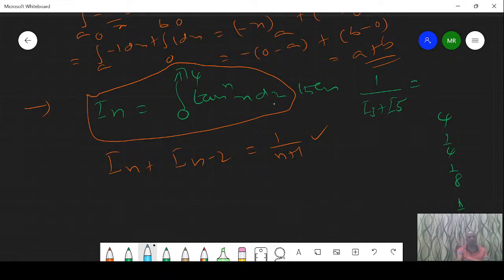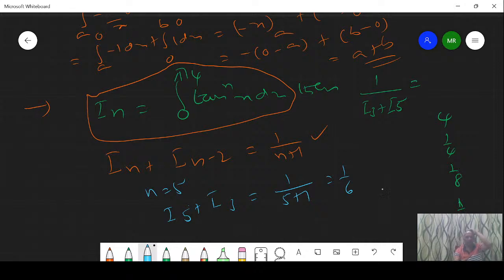Here they are asking I3 and I5. If you take n equal to 5, this will be I5 plus I3, because I want that. You can write I5 plus I3 is equal to 1 by 5 plus 1. It will be 1 by 6.